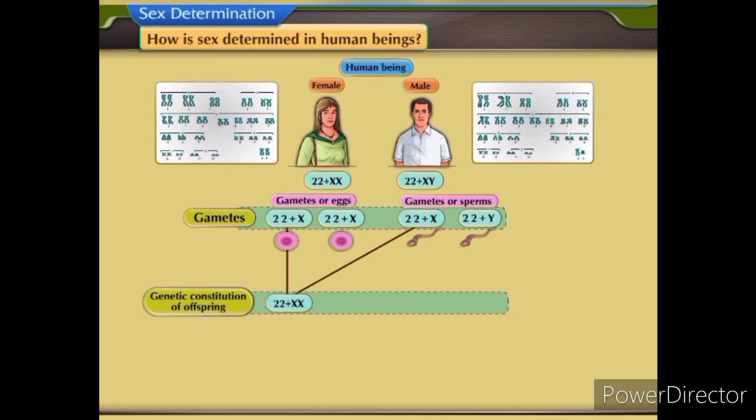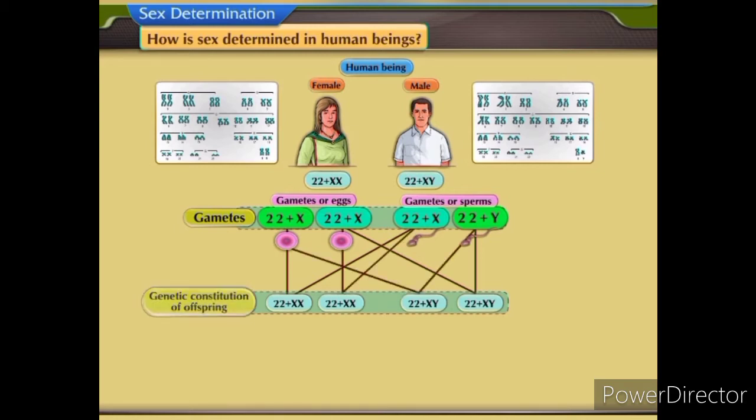In the same way, combination of a Y chromosome from males with an X chromosome from females results in an offspring with the genetic constitution XY. Similarly, the other two gametes also result in two new offspring with genetic constitution as XX or XY.